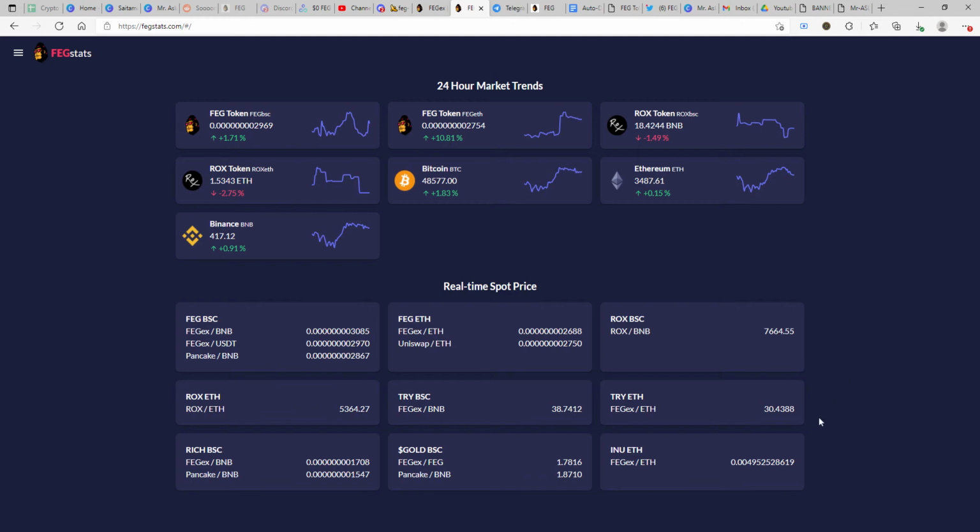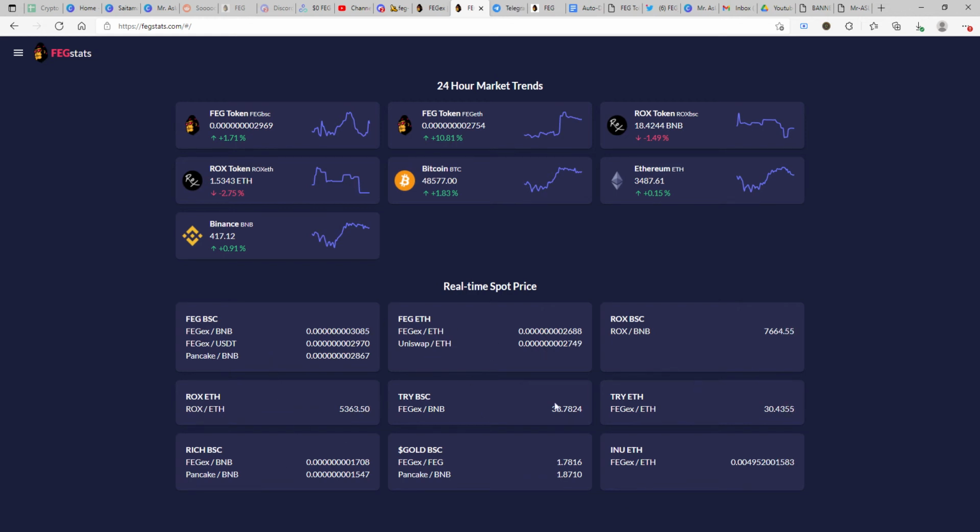So why it is a good feature is a simple concept. If you're trying to buy any of the tokens out there, so imagine you're trying to buy Rocks, you would definitely be able to monitor the live price over here and then go ahead and purchase it. I mean, I just quoted an example. It can be any other token out there.